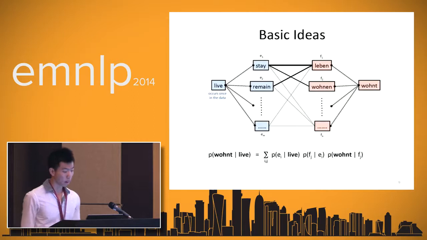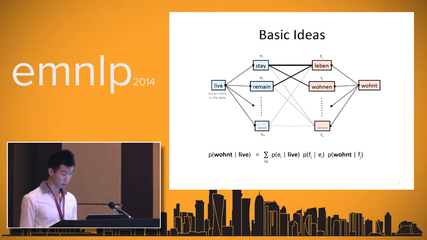So the idea is, in general, that the probability of wohnt being a translation of leave can be increased or decreased by the information from their related words. To achieve this, we essentially break down the probability and take the summation over all possible e words and f words in the vocabulary, as shown in the chart here.